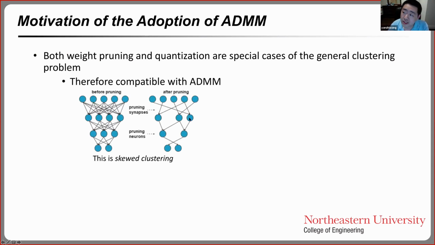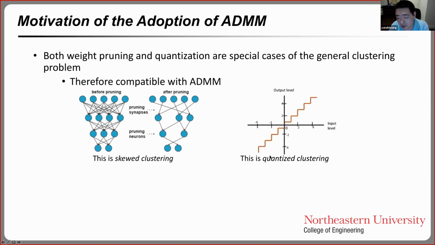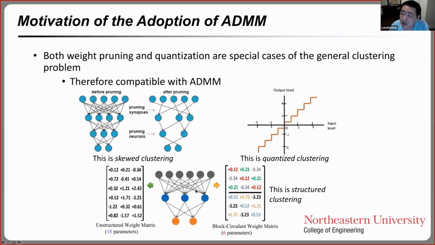Weight pruning is essentially clustering because it clusters a number of weights to 0. Weight quantization is essentially clustering because it clusters the weights into the predefined quantization levels. Even the block circulant matrix is clustering because we divide into different blocks. As we can see, the red weights are in one cluster, the green ones are in one cluster, the purple ones are in one cluster, and so on and so forth. So all of them are essentially clustering.